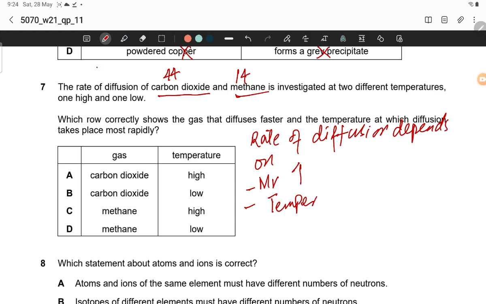If Mr is increased, rate of diffusion will be lower. If temperature is increased, rate of diffusion will be increased.